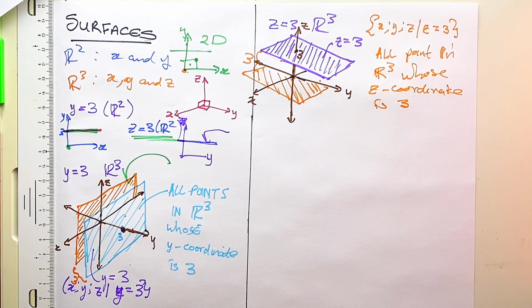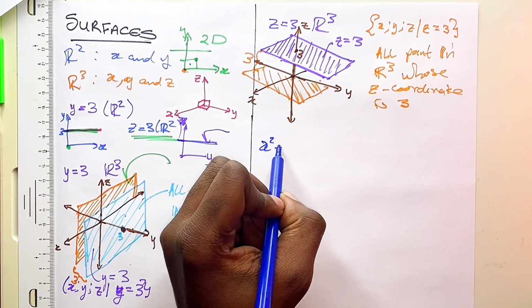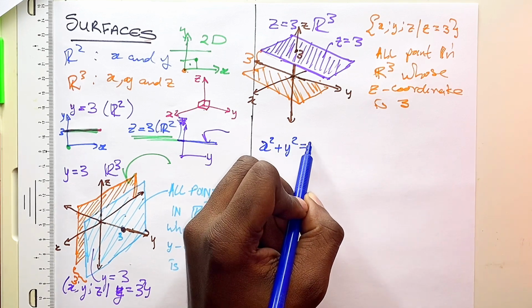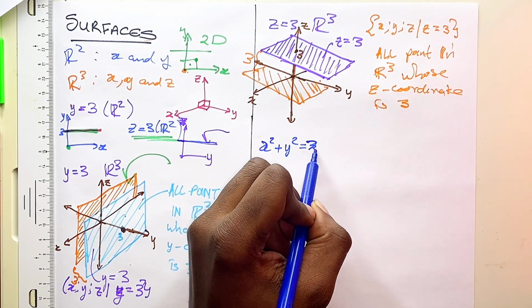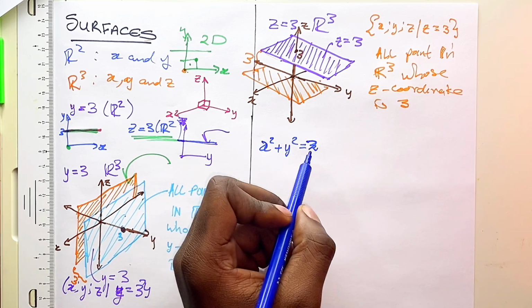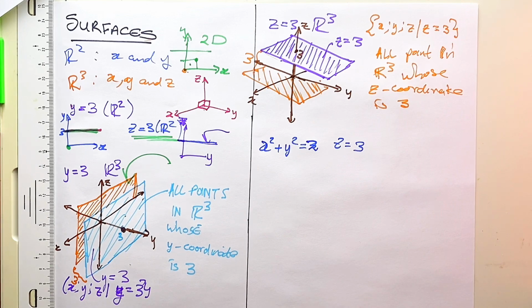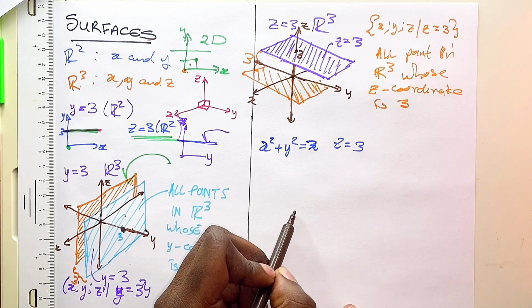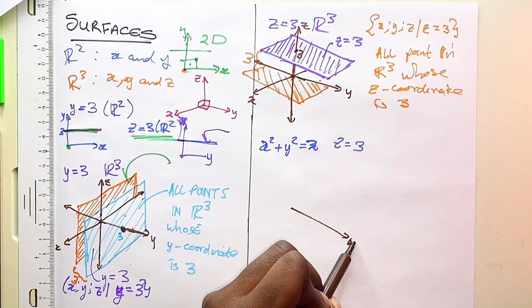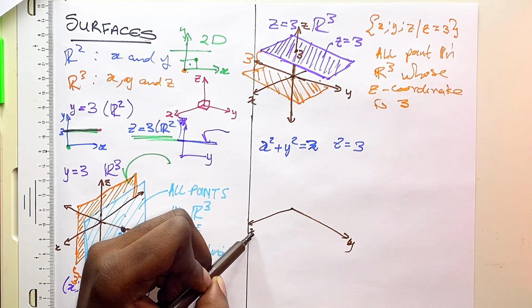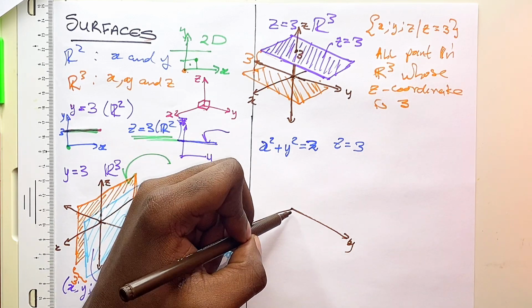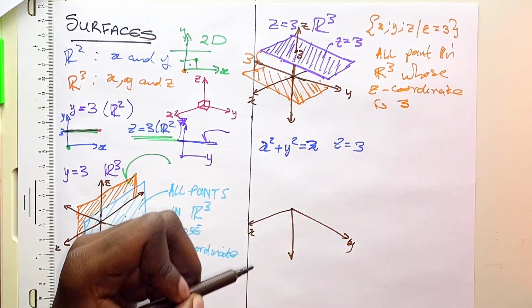Let's take an even more interesting example and say we wanted to represent the points x squared plus y squared equal to 4, but we wanted to do it where z is equal to 3. Now the way that it looks is that we start with our Cartesian plane. You have your y and you have your x, and then you have your z.